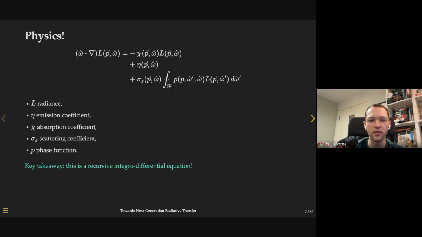But I think what it does is it highlights quite nicely the nastiness of the equation, in the sense that this is a recursive integral differential equation, meaning that L, the thing we're interested in, the radiance, which radiance is a computer graphics word for specific intensity, the radiance that we're interested in appears as both a differential quantity over here and an integrated quantity over here.